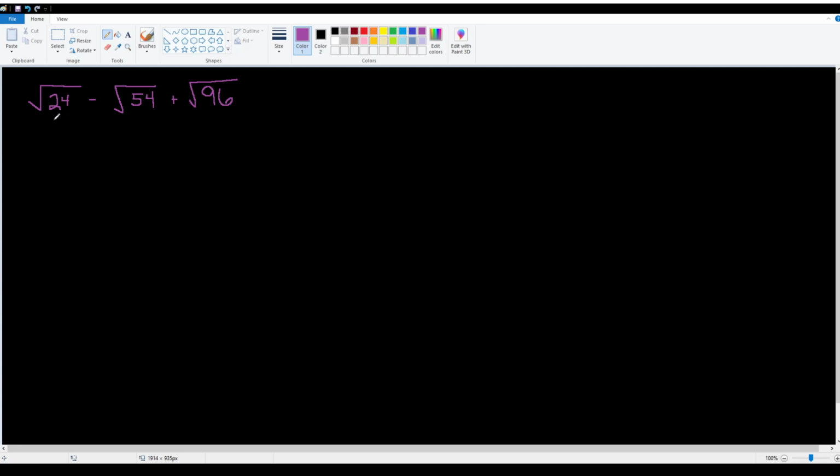So again, we look at them initially and we see that none of my radicands are the same, so I can't combine any of them. But we know that these could possibly be simplified. So we're going to start with the square root of 24, and we're going to look to simplify that first. So again, let's write out our perfect square list.